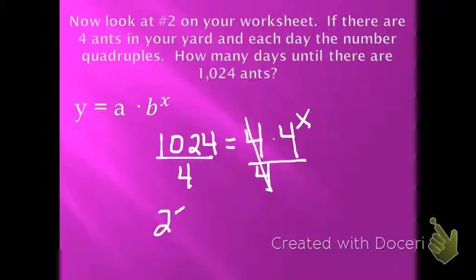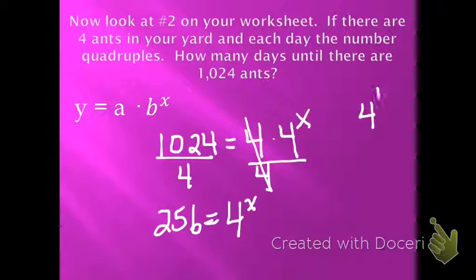Here you have 256 equals 4 to the x. And since this is our first time working with exponents, we don't quite know how to solve. So we're just going to do a quick trial and error.